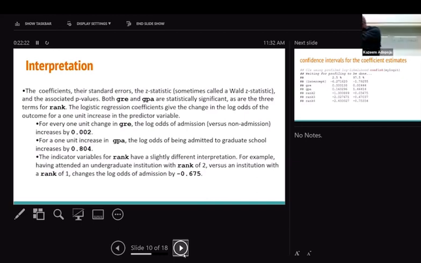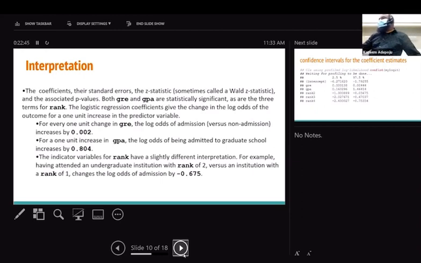I just walked you through how to interpret the quantitative predictor in the logistic regression model. But what do I want to do now? How do we interpret a categorical predictor? That is what I want to walk you through now.